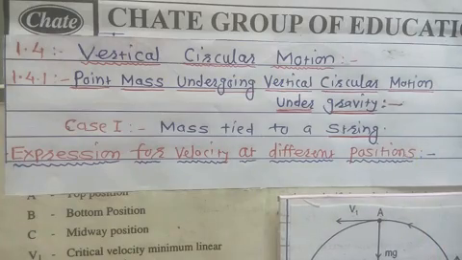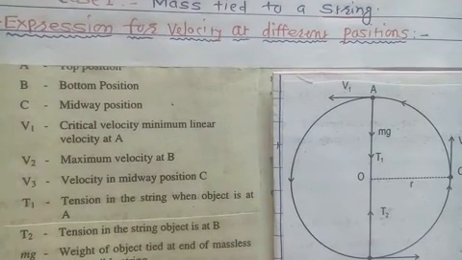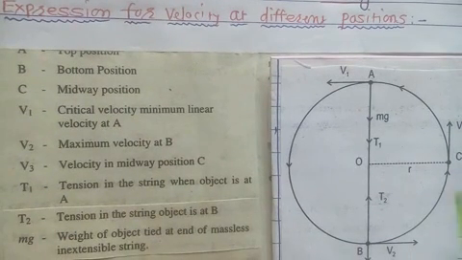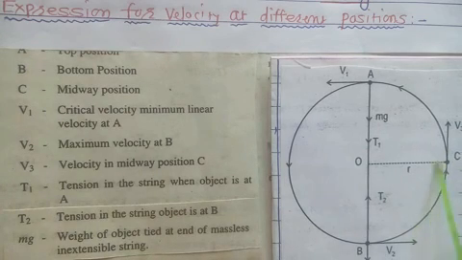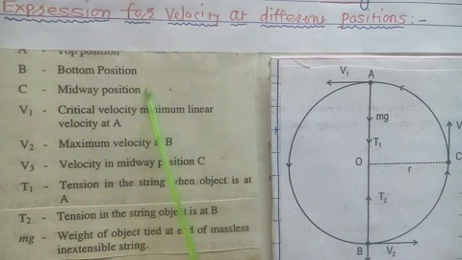Now see here, this is a figure. In this figure, A is the top position, B is the bottom position, and C is the midway position.